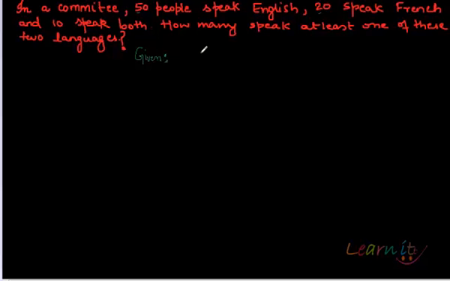Given to us is that, first of all, let's denote E as the symbol for the set of people who speak English, and F the set of people who speak French.